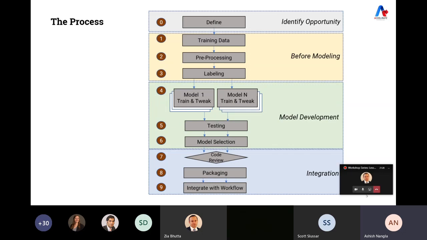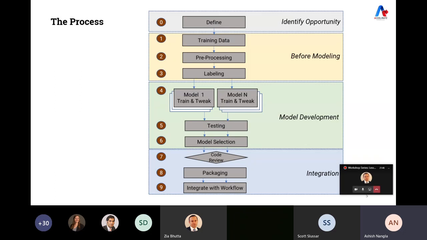First is identifying the opportunity, then the preparation before you start modeling. Then the actual model development, and once that is complete, you get into integration.